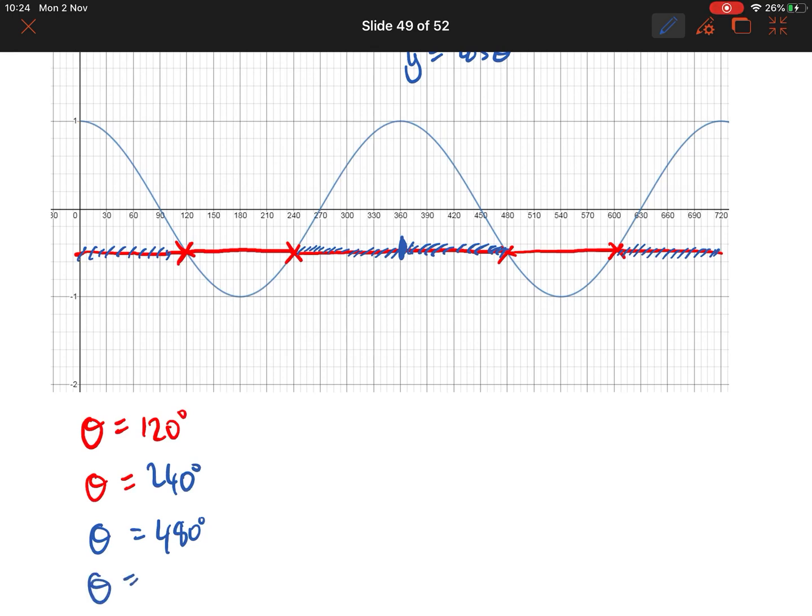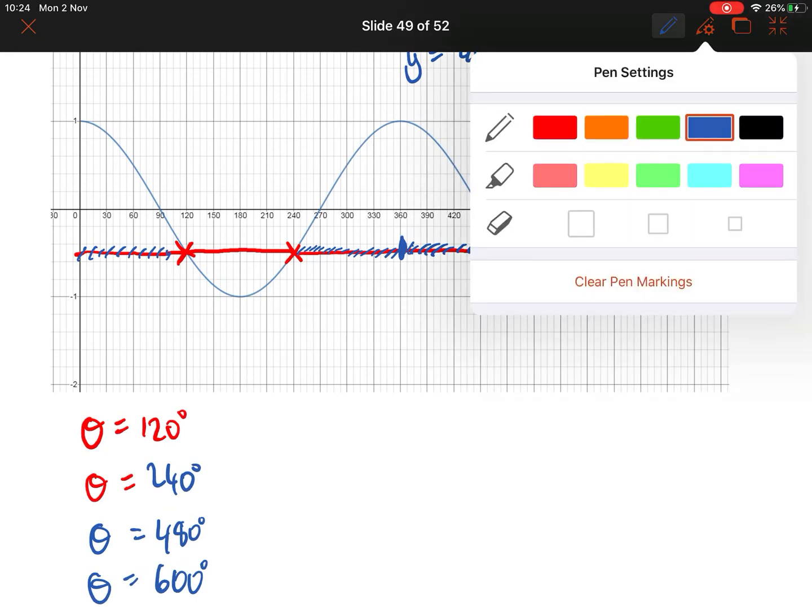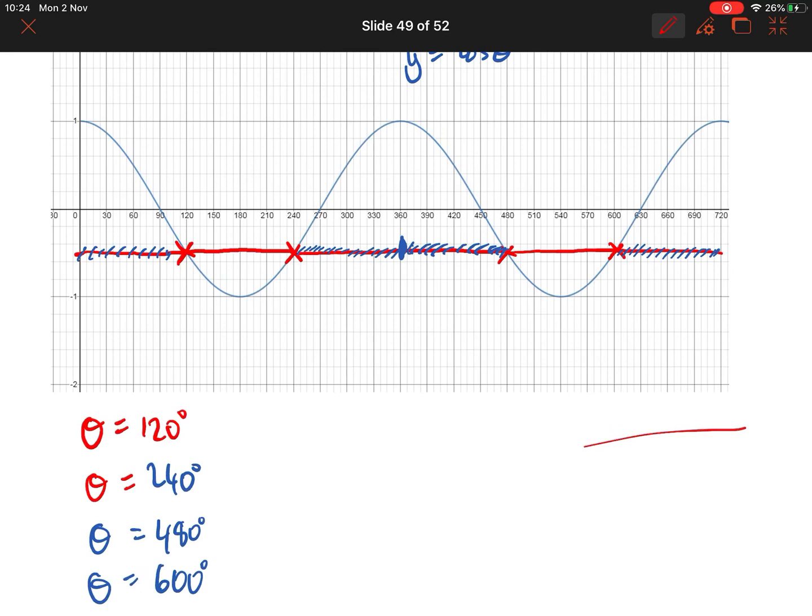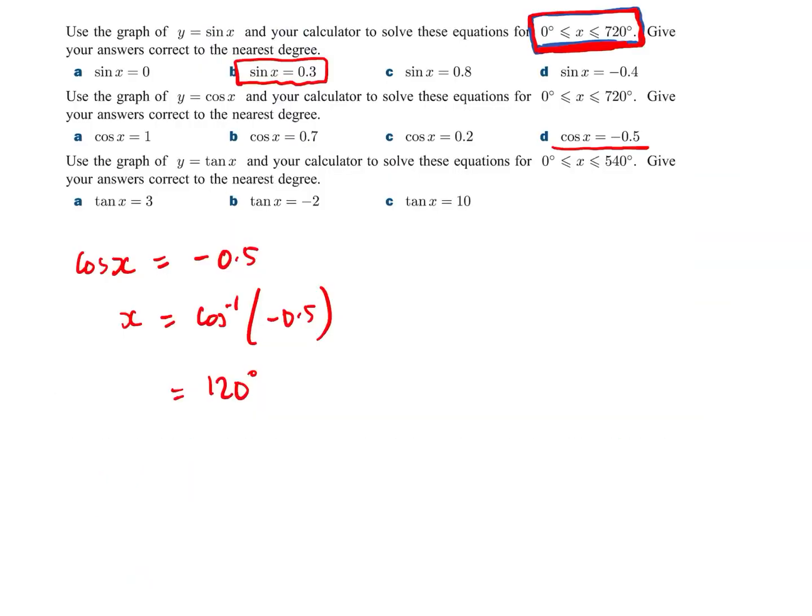And then 720 minus 120 is equal to 600. So there is your other answer, 4 answers within that range. The number of answers depends on how big you're making your range, and the question will tell you that. It can change from question to question.